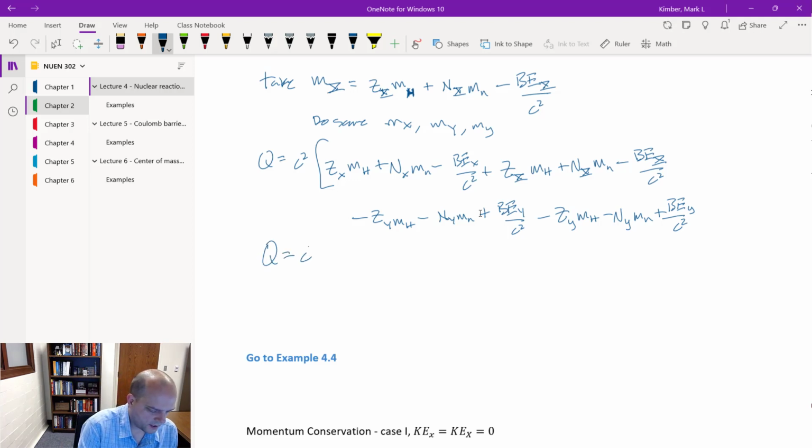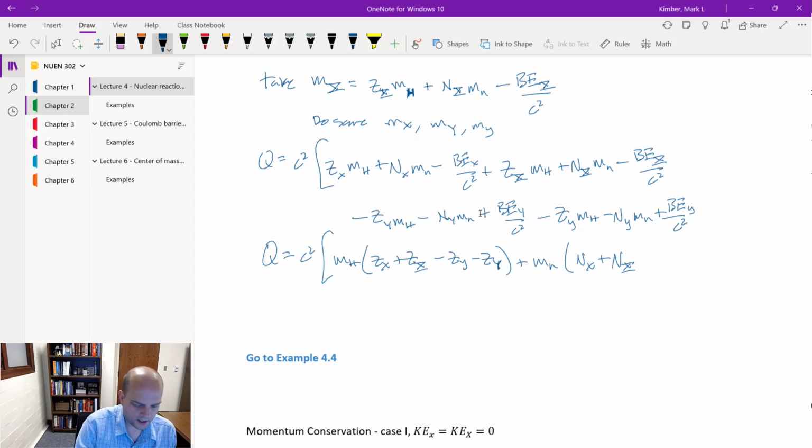And so what does this look like? I've got m_H, combine those together, I've got Z_x plus capital Z_X minus Z_y and capital Z_Y, plus the mass of the neutron times the number of neutrons on the reactant side minus the number of neutrons on the product side.